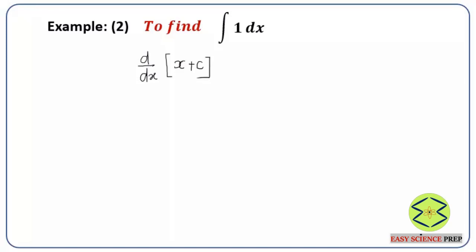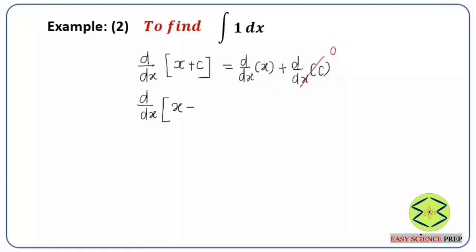So derivative of x plus c is going to be derivative of x plus derivative of c, but derivative of c is 0, and derivative of x is going to be 1, so I can write down here the derivative of x plus c is nothing but 1.